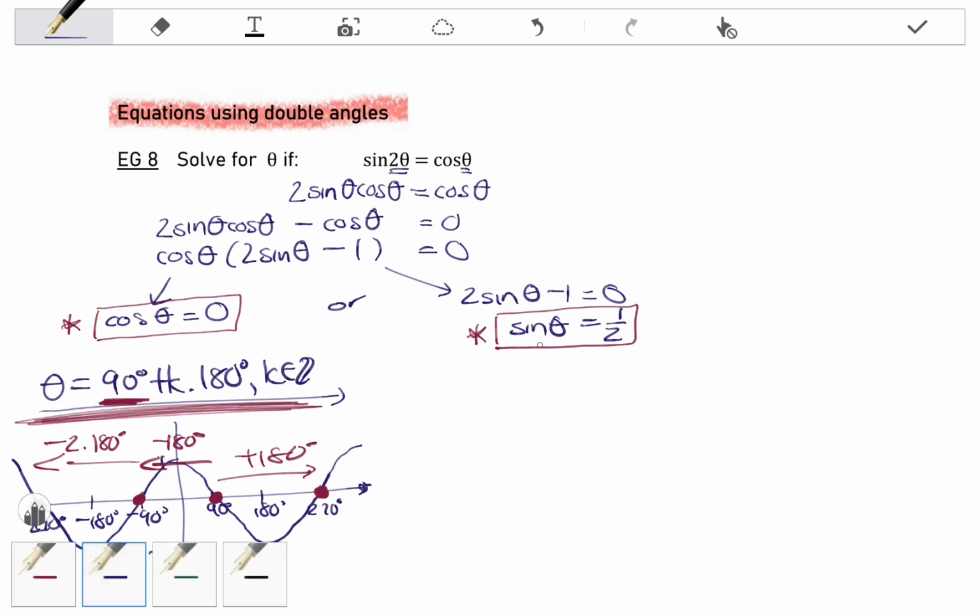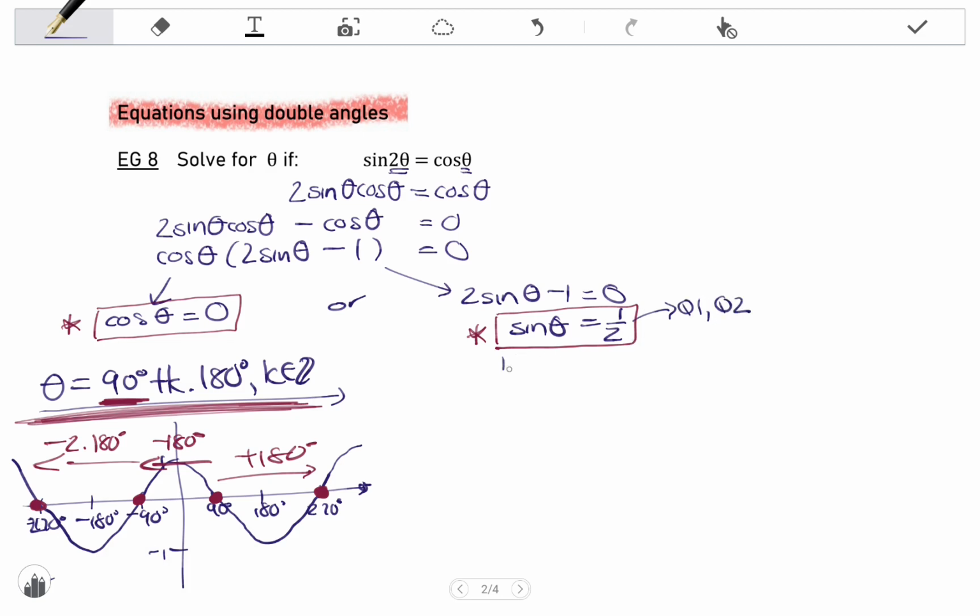Right, looking at the other factor, that gave us sine theta equals a half. Okay, here sine is equal to a positive value, so we're going to work in quadrants 1 and 2. Find your key angle, and our key angle is 30 degrees. So in quadrant 1, our angle theta is equal to the key angle plus multiples of the period of the sine graph.